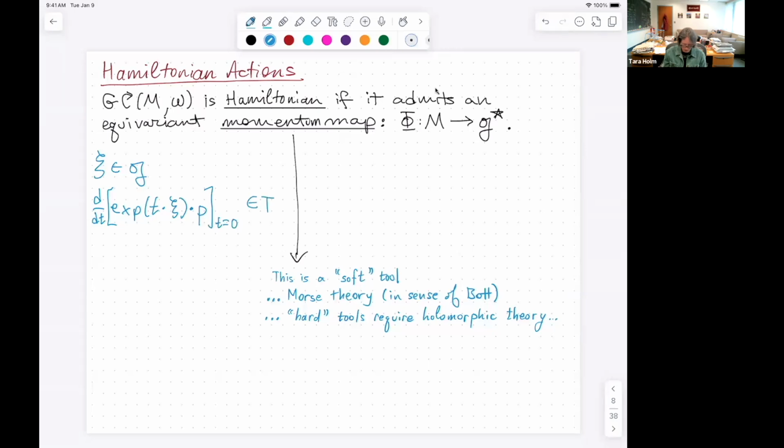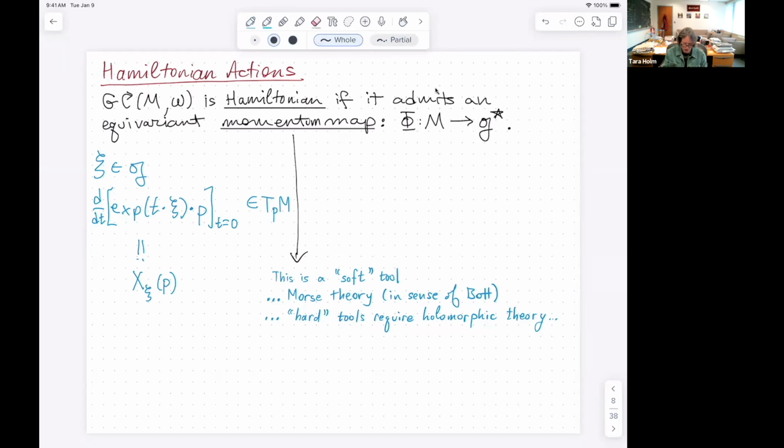And this is a tangent vector to the manifold at p. So I'll call this X_ξ at p.